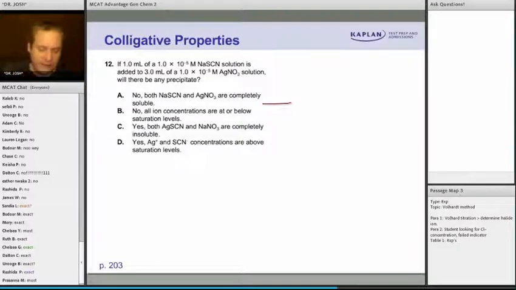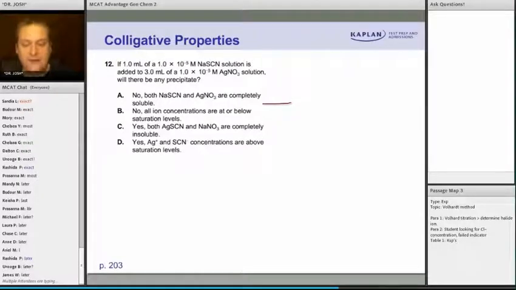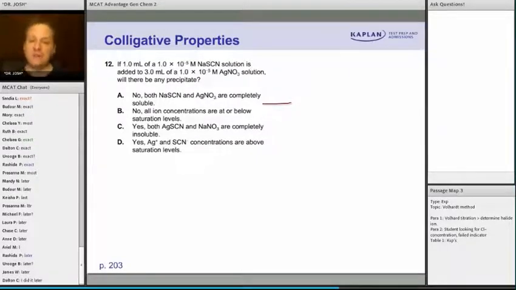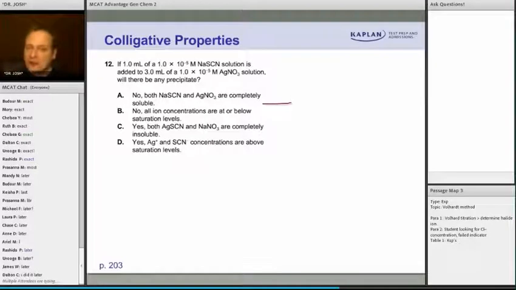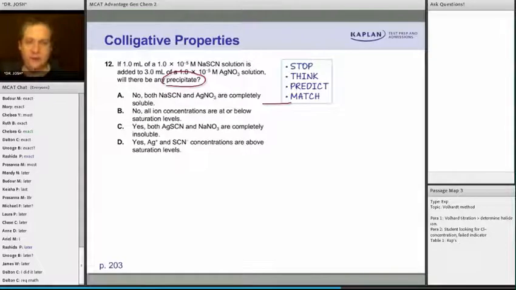Now, question 12. Is this the now or the later question? This is the later question, without a doubt. Note, the question answers look like something we would handle now, because they're just clues, yes, no. But what kind of info are we going to need to determine if there's precipitate forming?